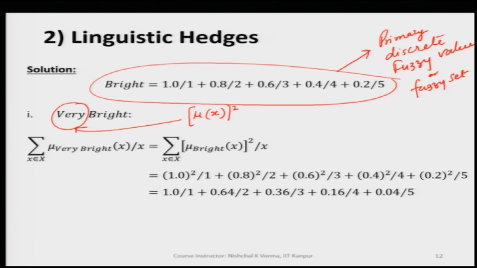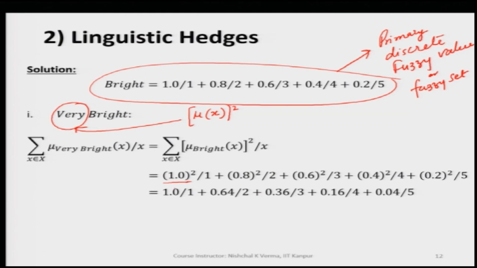We do not have to change the corresponding generic variable values 1, 2, 3, 4 and 5. We only have to square the values of the membership.